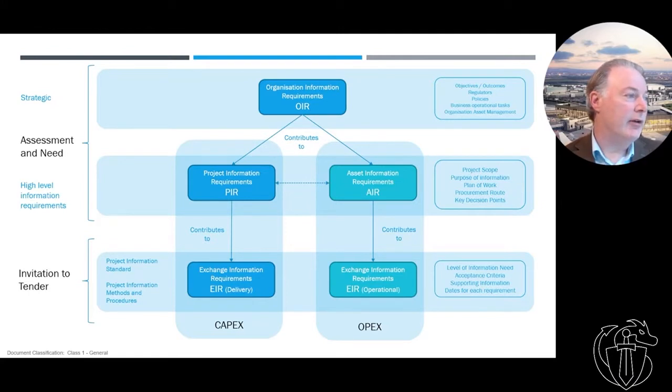Those requirements should feed into what goes out to tender. If you have a requirement to categorize all capital costs by a certain classification, might be NRM or something like that, and that's a business requirement, that needs to get fed down into the exchange information requirements.